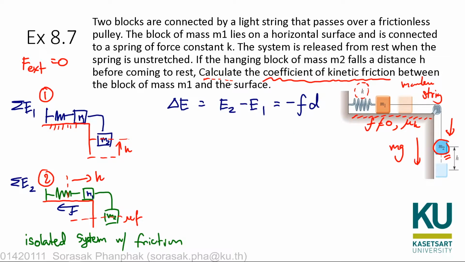In your sigma E here, you also have some potential energy involved. In the first state, you have the gravitational potential energy, and you don't have any elastic potential energy.